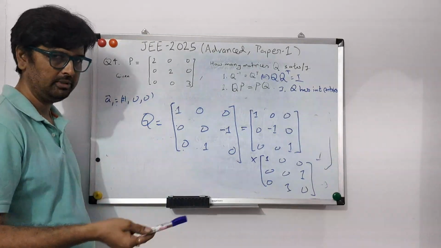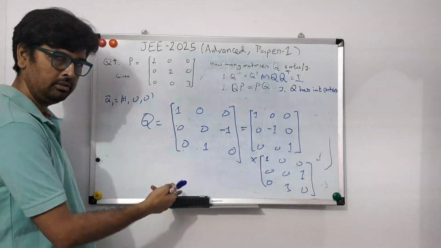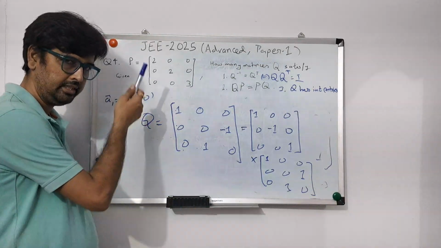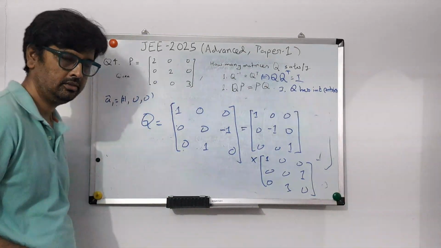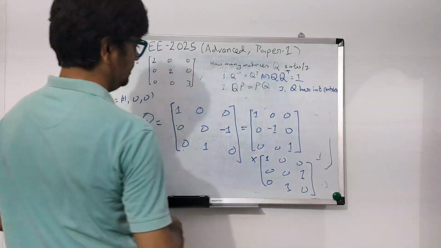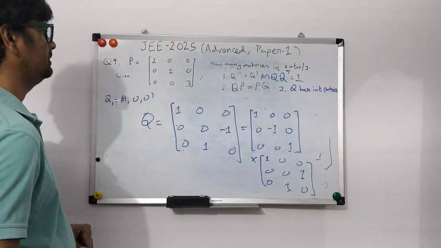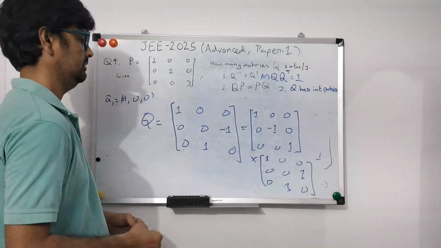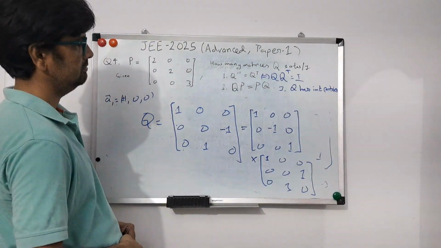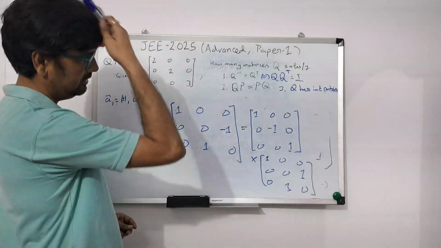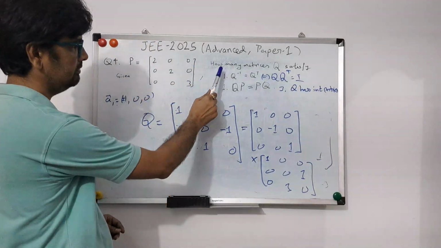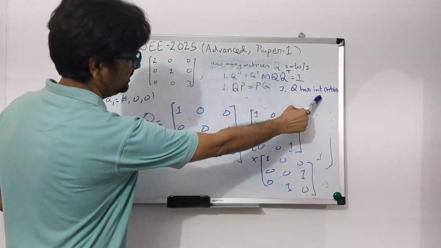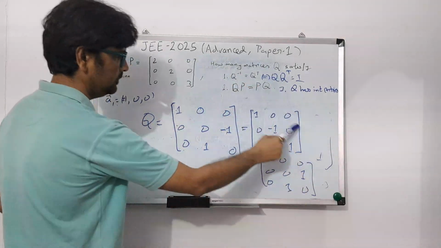So there are 2 possibilities for each row, and 2 times 2 times 2 equals 8 possibilities for the whole matrix. So this is the condition. Now we have used 2 conditions here, first this condition and this condition, to arrive at this form.